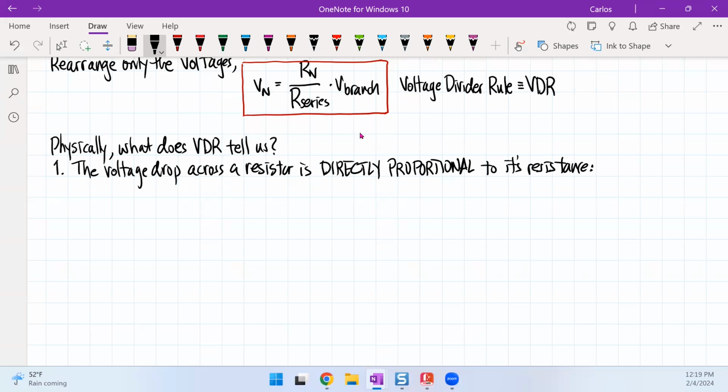In other words, the voltage of n is directly proportional to the resistance.